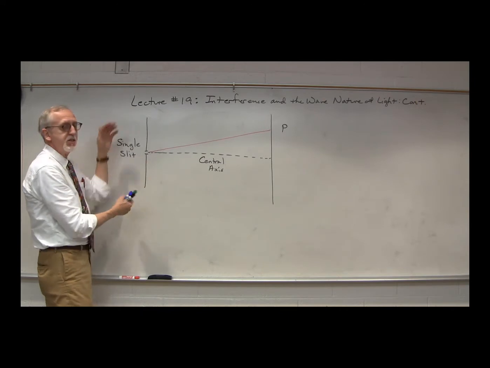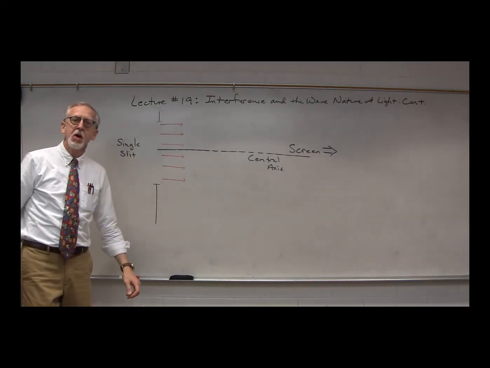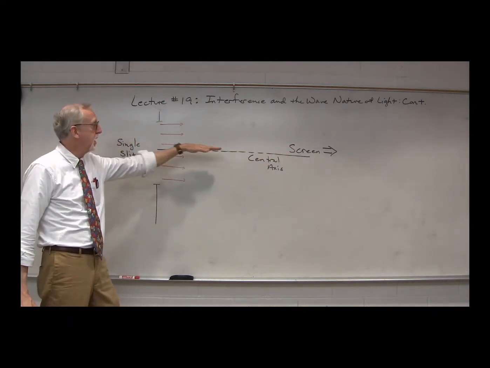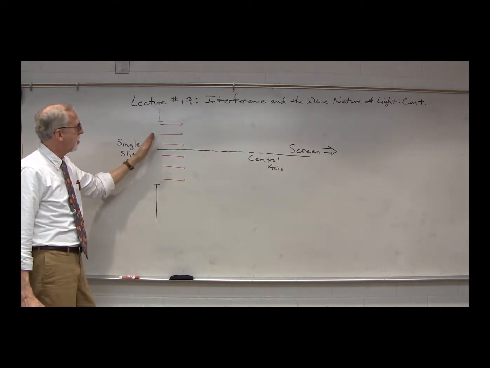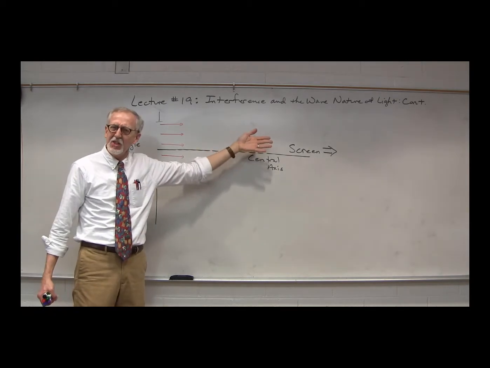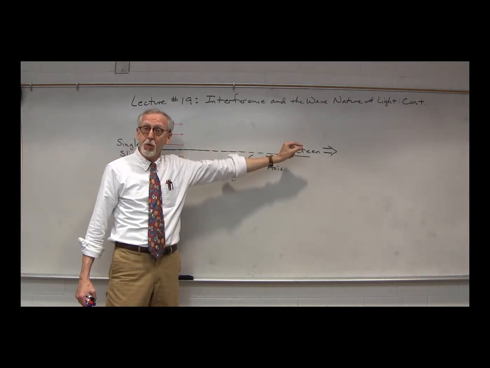Let's enlarge this picture and get an idea of what's happening. For light striking the center of the screen, in other words, the point near the central axis on the screen, we basically have all of the rays coming through the slit essentially parallel to each other, to come together at that central point.